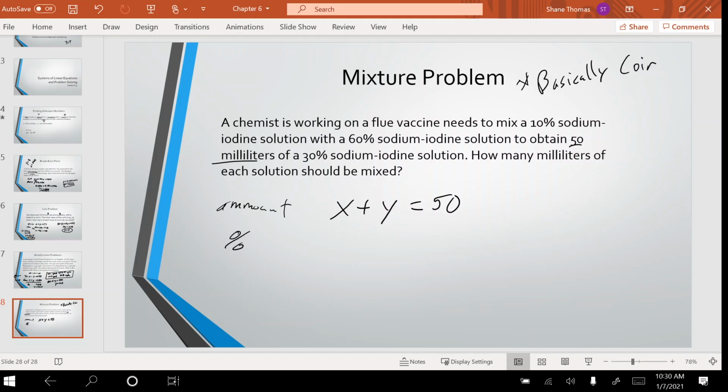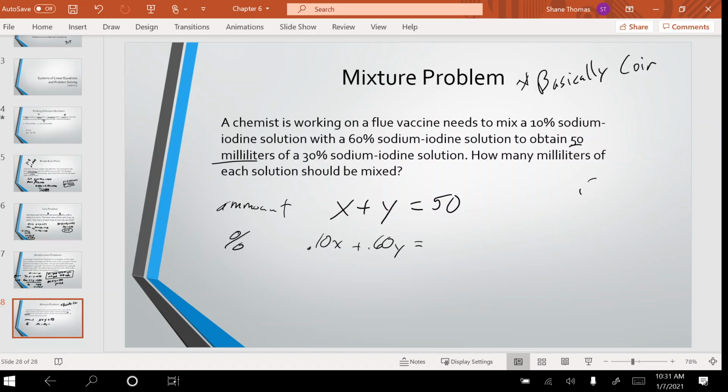Okay, we have two solutions. We have the 10% and the 60%, and we want 30%. All right, so for percentage, I want to take the first one, the 10%, so it'll be 0.10x, plus however much of the 60%, which would be that. Here is the only tricky part, okay? What do we want our percentage to be in the end? We want it to be a 30%. Now we have to attribute that to how much we are doing with it.